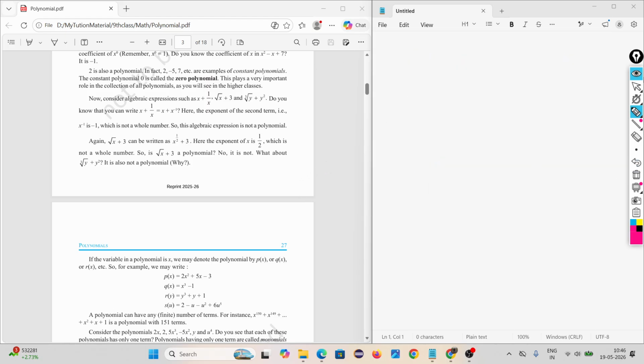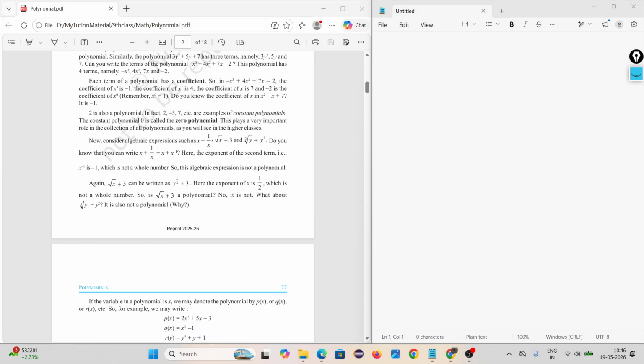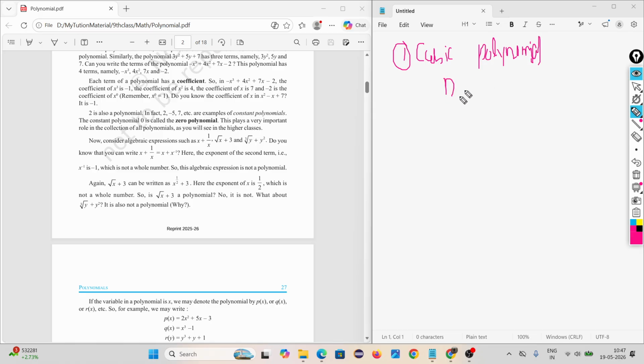Based on this degree, we have different types of polynomial. Number one, cubic polynomial. Cubic polynomial means degree 3, like x cube plus 2x plus 9.